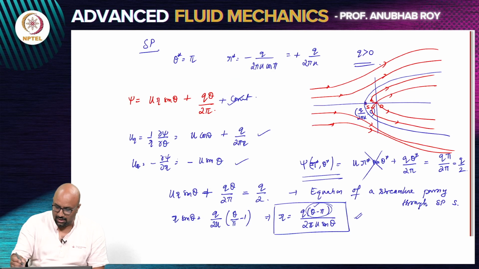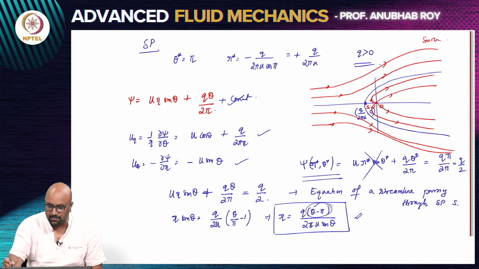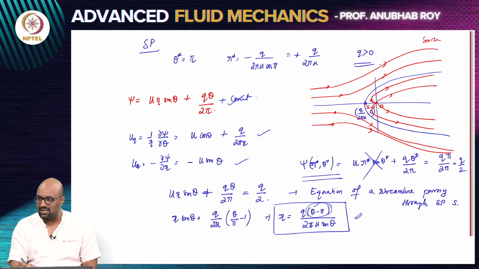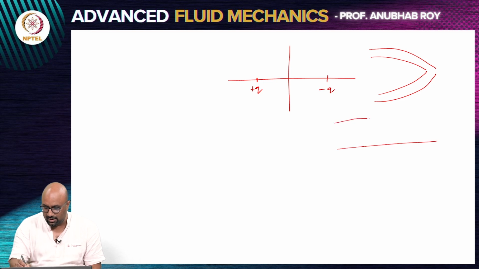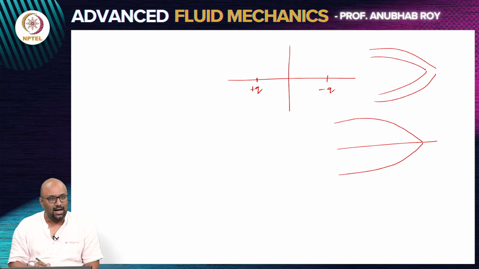What we saw here is a picture for a source. If you reverse the picture and do it for a sink, then the picture for a sink would look like this, that all the streamlines would actually come and meet at a location which is on the right of that particular sink.